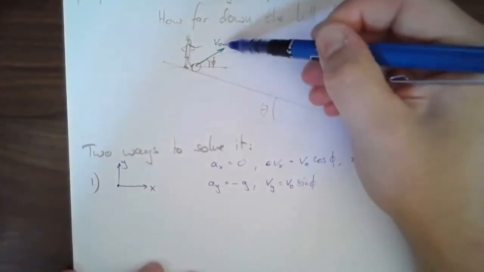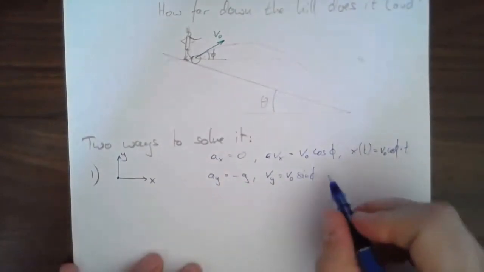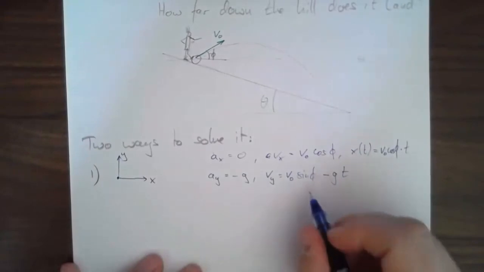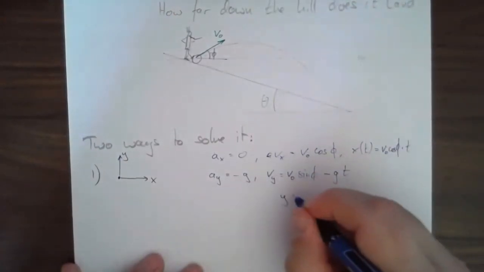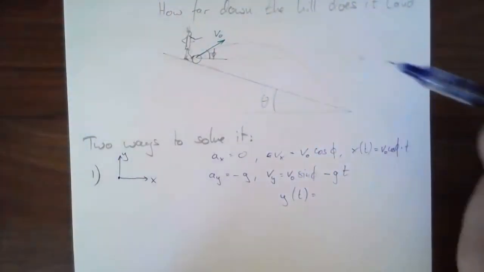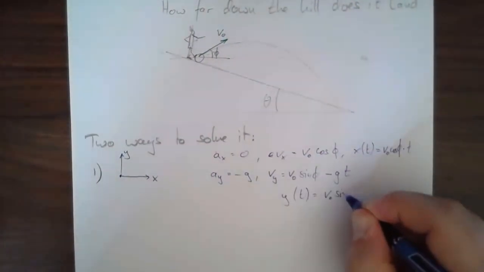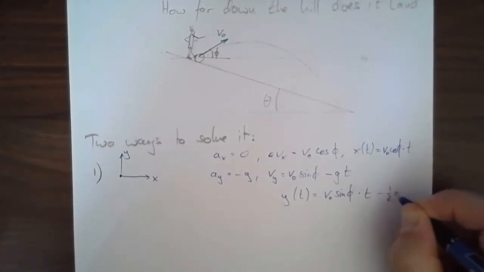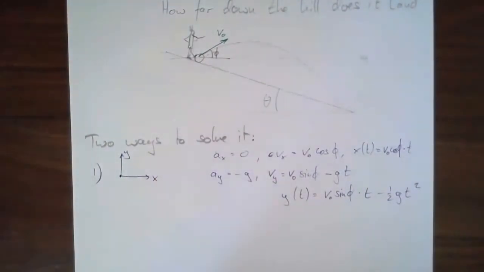That's the vertical component of this velocity, and then minus g times t, and that makes the y position. Again, we start at height 0, I suppose. I pick this as my origin. It's going to be v naught sine phi times t minus 1/2 g t squared, because we understand accelerated motion.